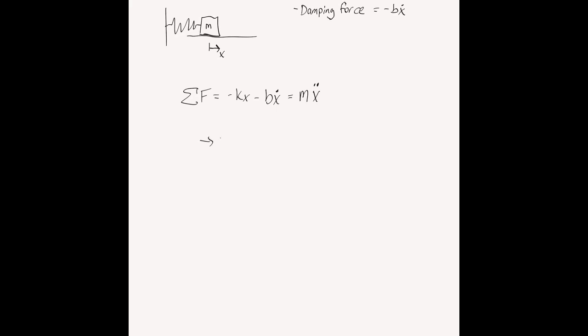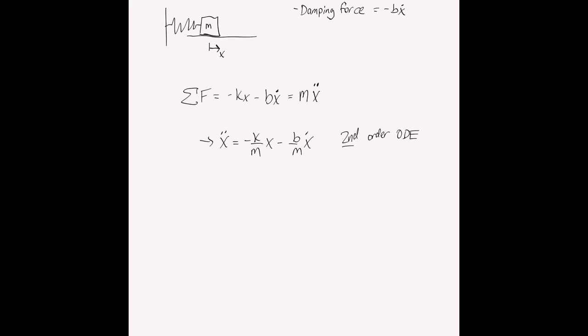If I then rearrange to solve for x double dot, I will have a second order differential equation, x double dot equals negative k over m x minus b over m x dot. This is a second order ordinary differential equation.